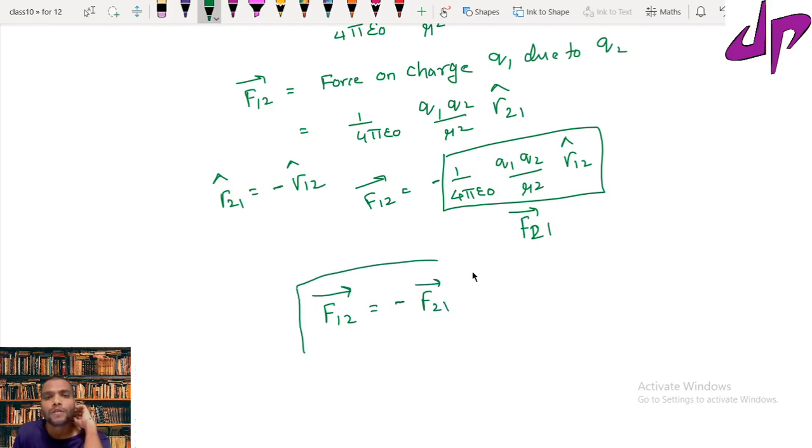It means these two forces are the same in magnitude but opposite in direction. This is known as the vector form of Coulomb's law, because force is a vector, so it is supposed to represent the direction.